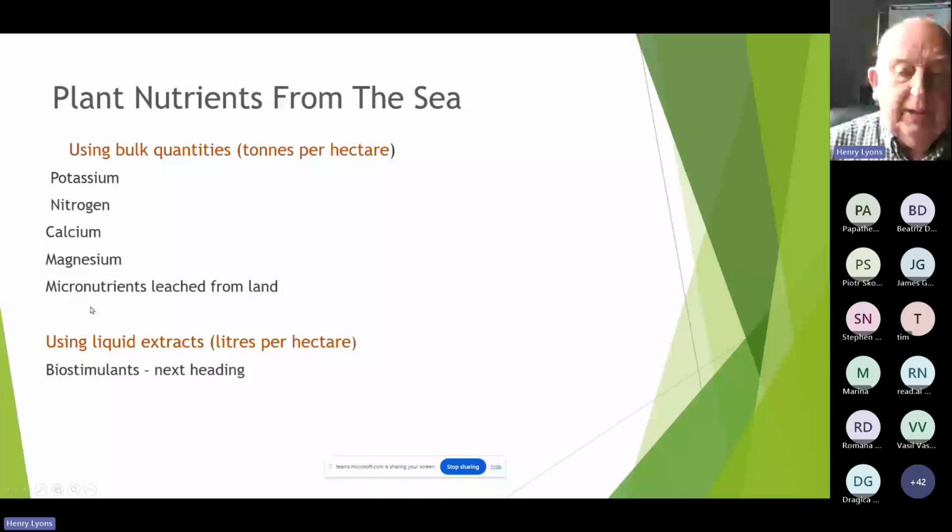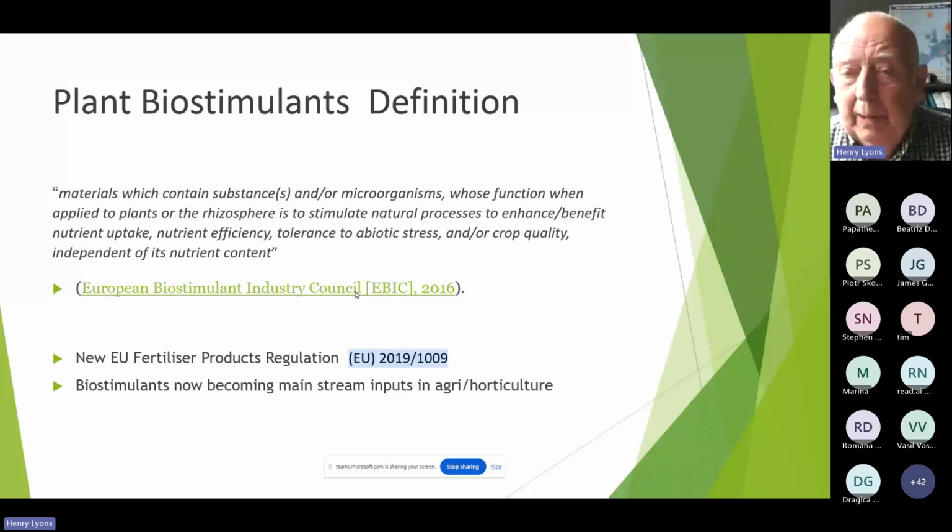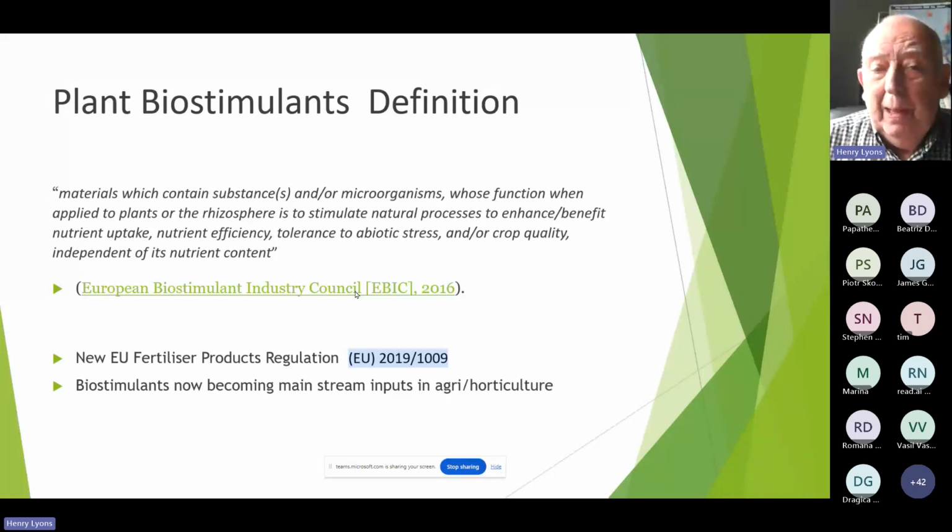And note, it's liters per hectare, not tons per hectare. So the definition of a biostimulant came from the European Biostimulant Industry Council a few years ago. It looks a bit complicated, but it's materials that contain substances whose function, when applied to plants or the root zone, is to stimulate.